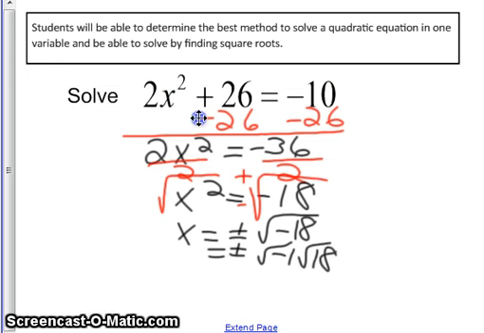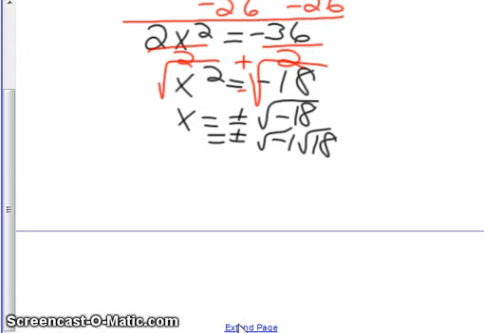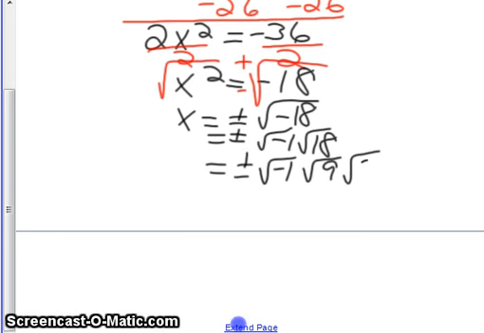What factors of 18 are a perfect square? 9, very nice. So now I'm going to rewrite that as square root of negative 1 times square root of 9 times square root of 2. I know, I'm blowing your mind, right?